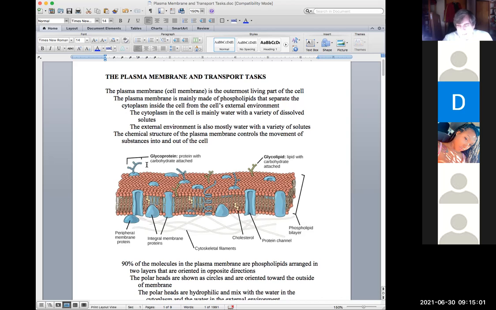Now, notice that this carbohydrate is attached to the outer surface of the protein. Think back to what we said a moment ago about our phospholipids: the part of the protein that sticks out of the membrane, whether we're looking at the outer surface or the inner surface, is polar. The part of the protein in the middle, if we're looking at one of these channels, one of these proteins that goes through the membrane, is nonpolar, it's hydrophobic.